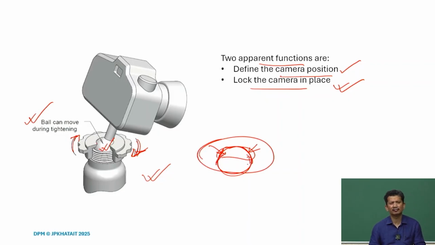So, what happens when we are turning? It is turning and at the same time also going down, and the moment it comes in contact, there will be a fight, and whenever we try to lock it, the position will get disturbed. Of course, it depends on the application. If it is just a normal point-and-shoot camera for nearby objects, it might be okay, a few degrees here and there.